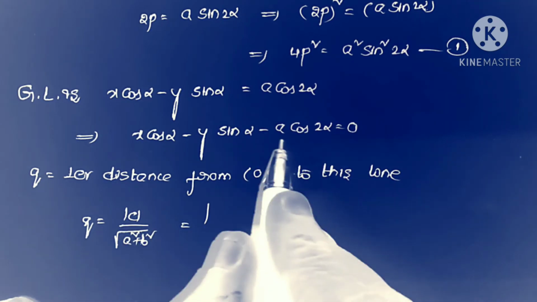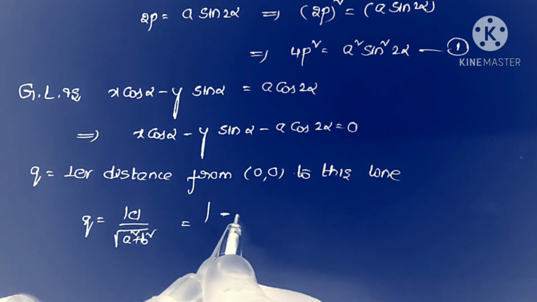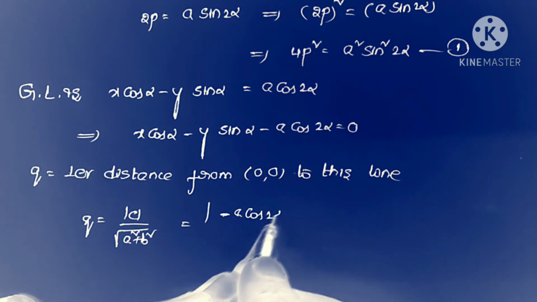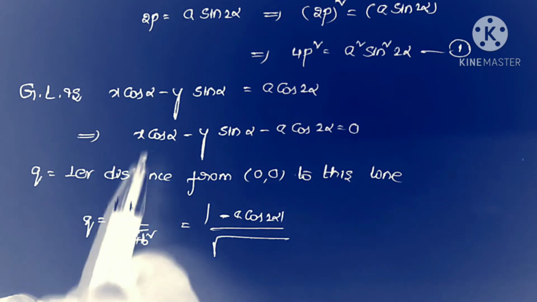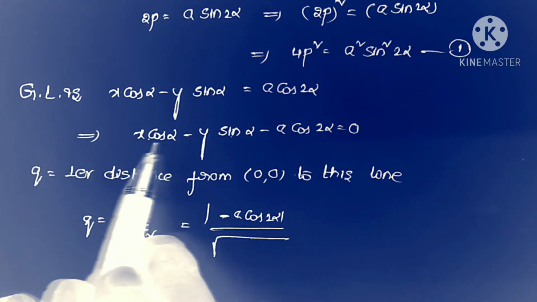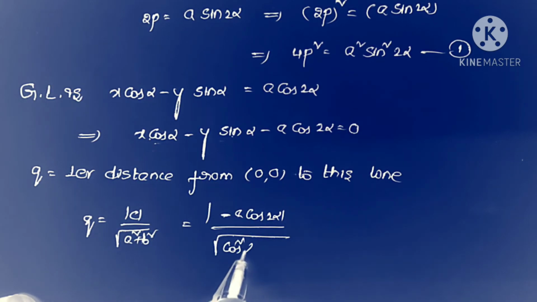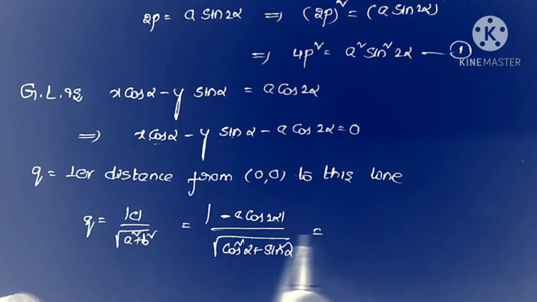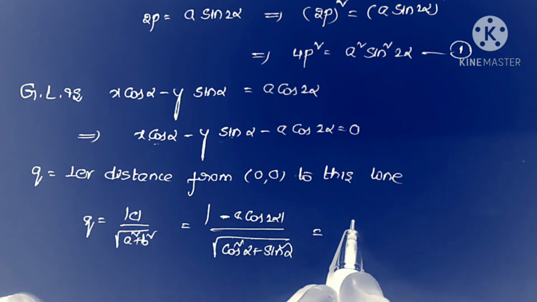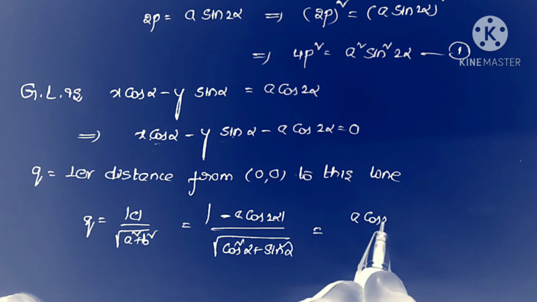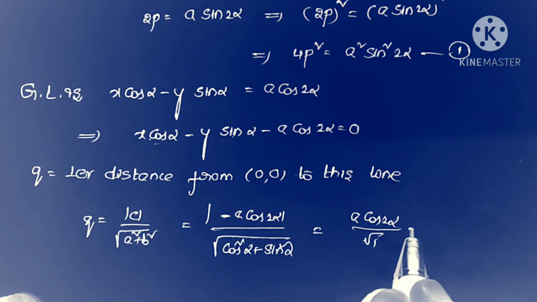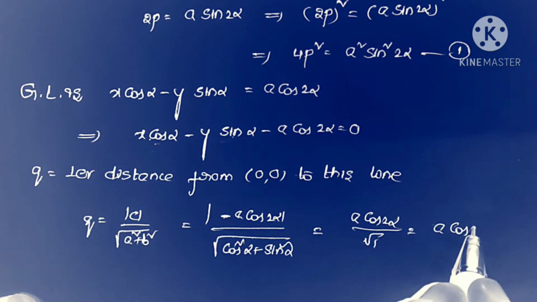What is the c value? c is the constant, minus a cos 2 alpha. So minus a cos 2 alpha by square root of a square plus b square, where a is equal to cos alpha and b is equal to minus sin alpha. That is cos square alpha plus minus sin alpha whole square, that is sin square alpha. Under the modulus it becomes plus, that is a cos 2 alpha by square root of 1, that is a cos 2 alpha.